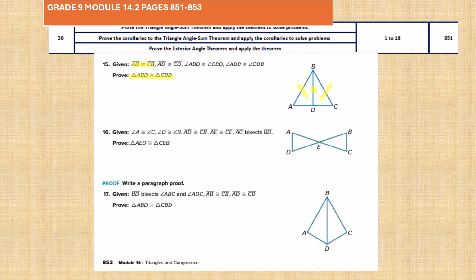And the third one, they tell you angle ABD, look for angle ABD is congruent. So they're saying this angle ABD is congruent to CBD. So it's congruent to this angle here. So you have side, angle, and side. Side, angle, and side. Obviously, you have to write down the reasons, and 90% of the time, it's always the given information.